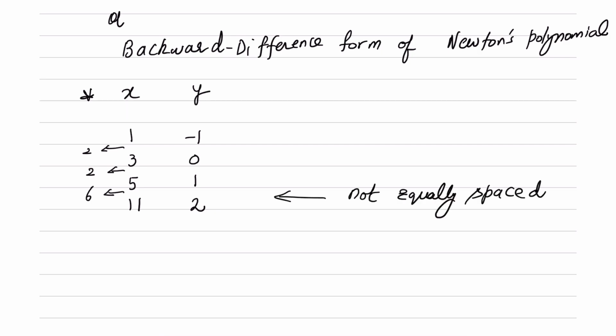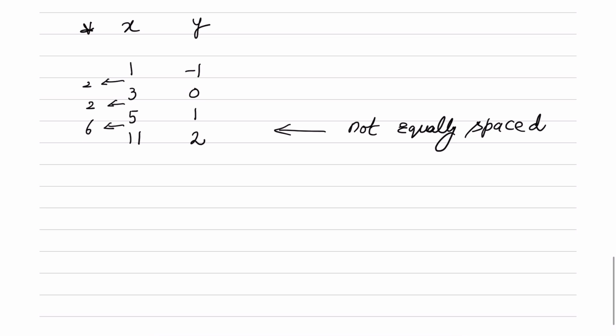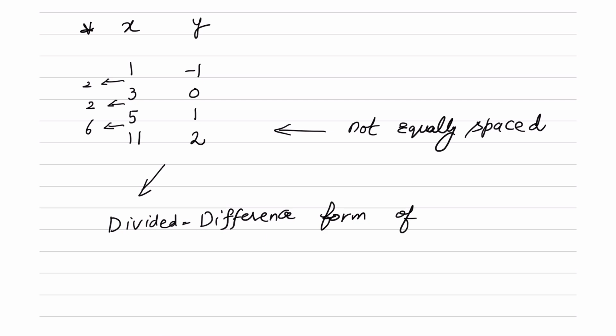So if you have to write a polynomial for this not equally spaced data, you will use the divided difference form of Newton's polynomial.